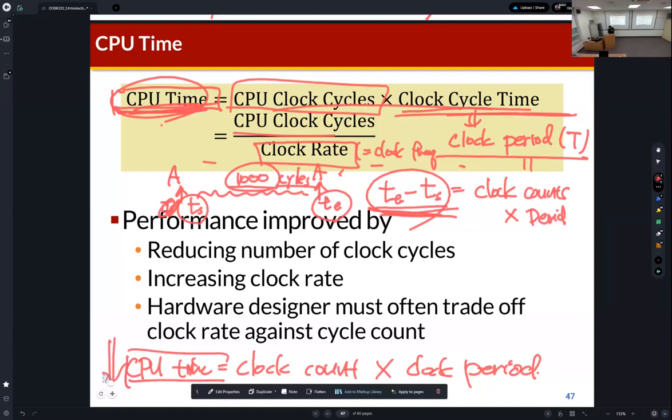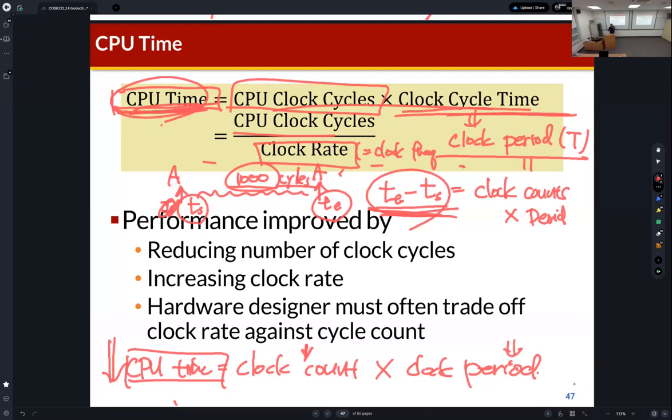CPU time is composed of clock count multiplied by clock period. If we reduce the clock count, or if we reduce the clock period, then it can decrease CPU time, which means we can improve the performance of this CPU.